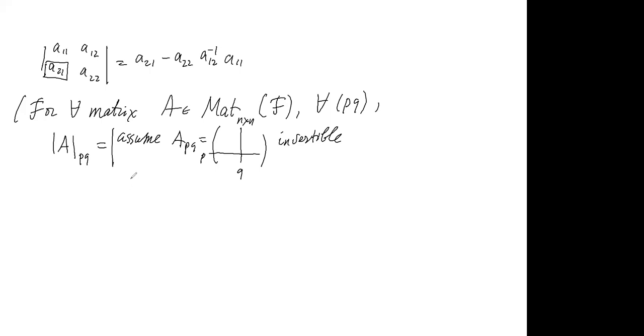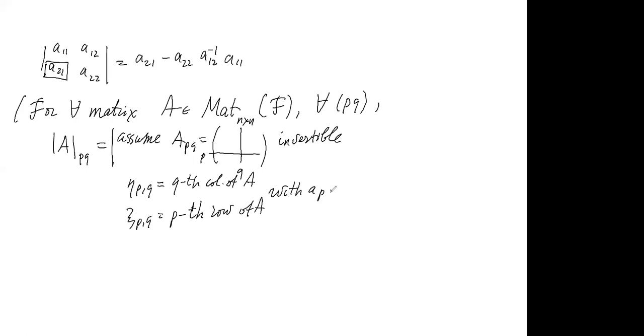We use eta PQ to be the qth column of A and psi PQ to be the pth row of A, but with A PQ removed.